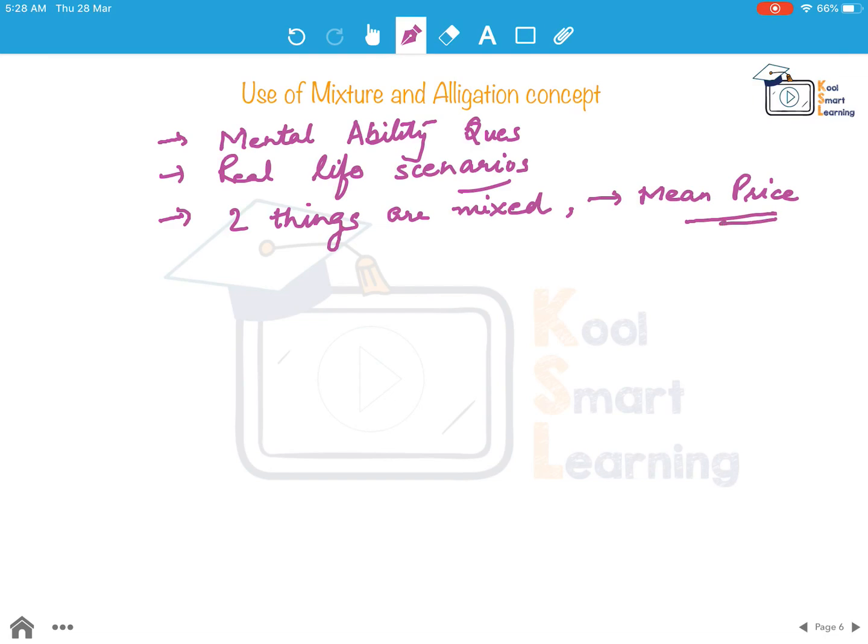So one application is definitely where we know the mean price, where we know the price of the first item and the second item, and we can find out the quantity in which the two are mixed. The second is we know we mix two things in a particular given proportion and then we find out what is the mean price of it, right? Then we also deal with problems based on impurities.